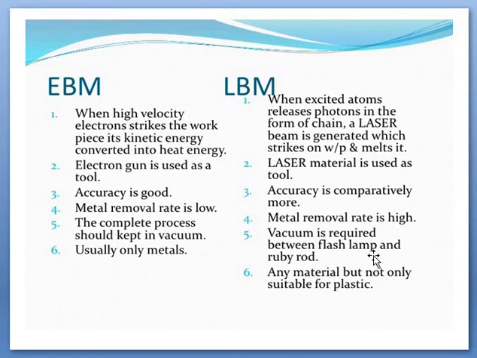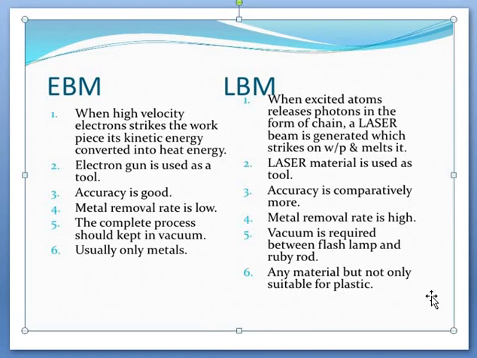Electron beam machining is usually used for metals, but laser beam machining we can use for any kind of material. It is suitable for any type of material, but not suitable for plastic. You have to consider all these points while comparing electron beam machining with laser beam machining.